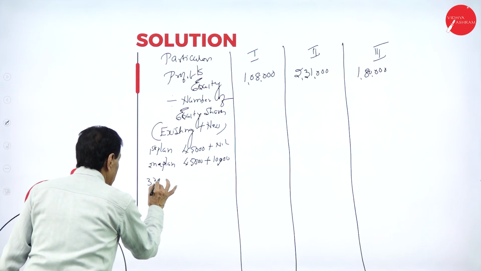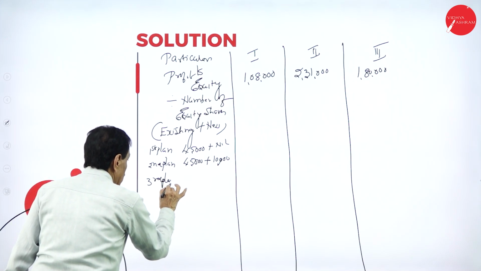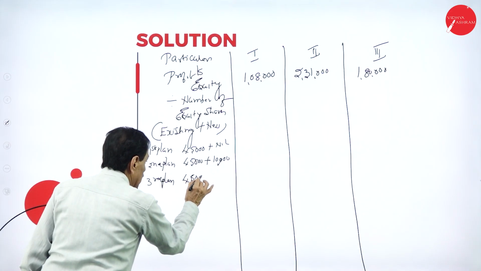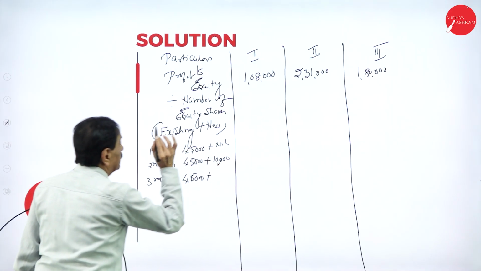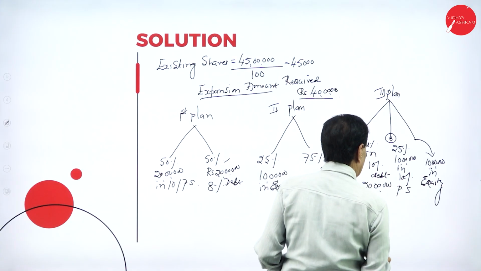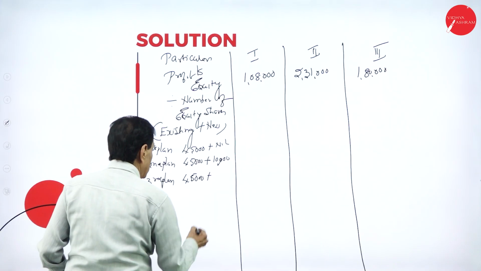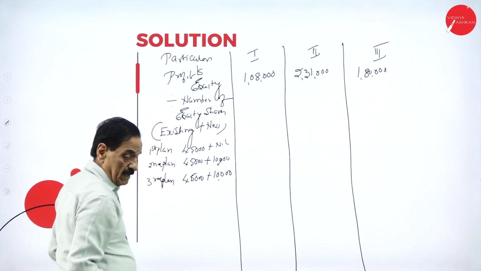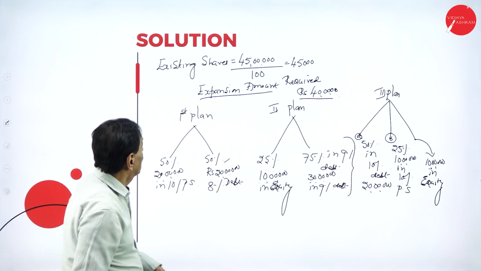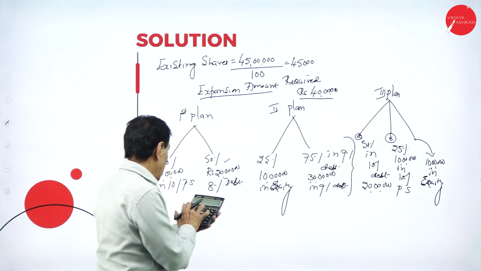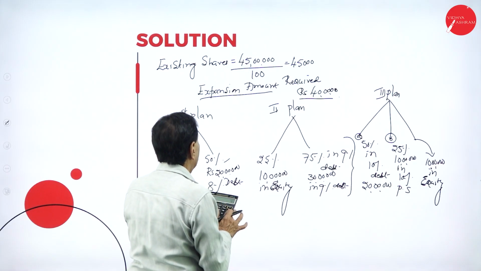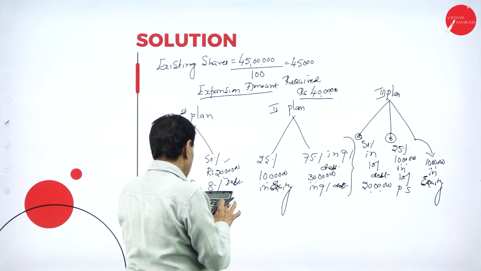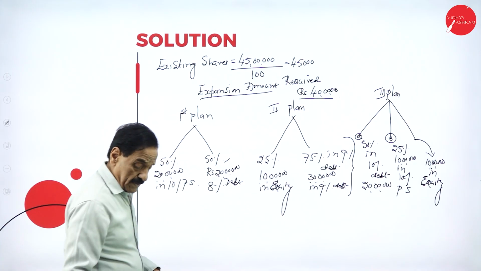Third plan: 45,000 plus here 10 lakh means 10,000 shares. First one, 45 lakh divided by 100, 45,000 shares.